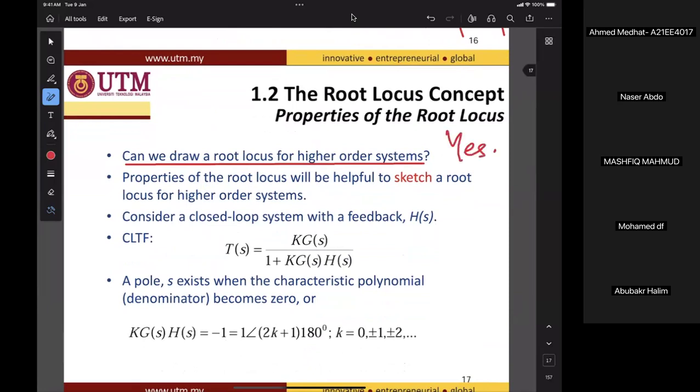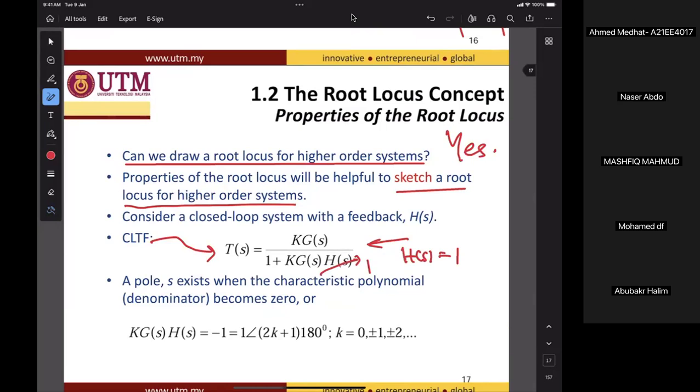Properties of the root locus will be helpful to sketch root locus for higher order systems by considering a closed loop system with the feedback here. So this is the closed loop transfer function. If H(s) equals 1, this will be unity.